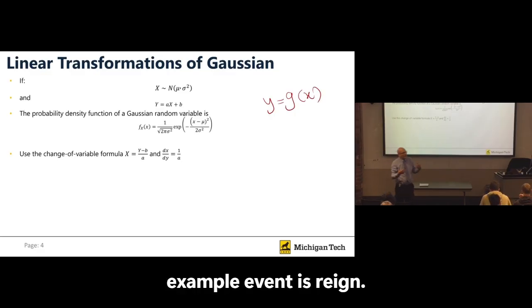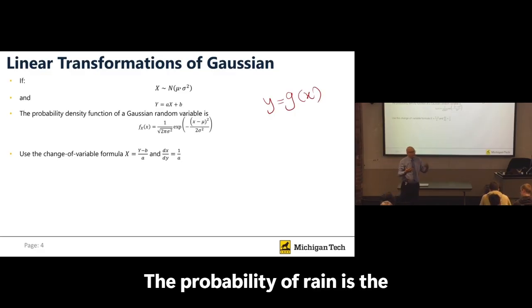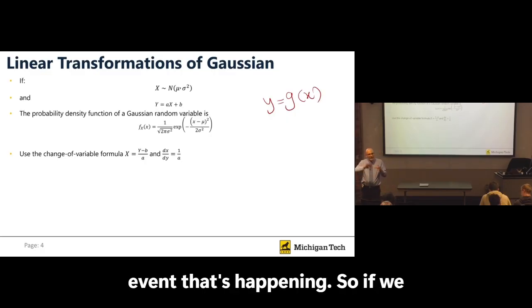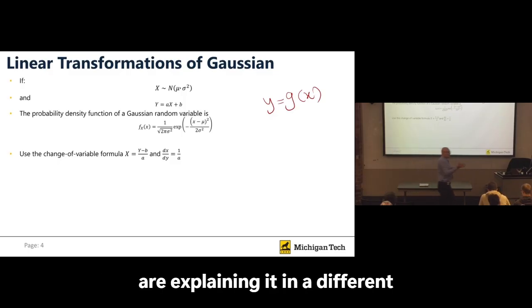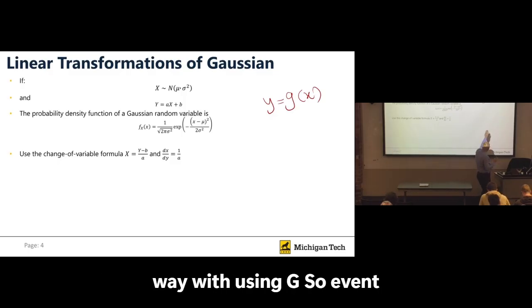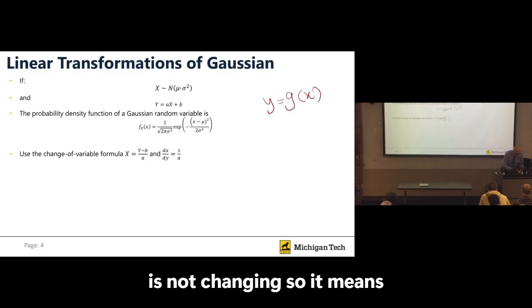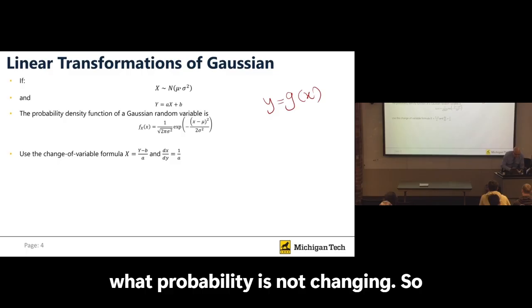For example, the event is rain. The probability of rain is the event that's happening. So if we transfer it mathematically, we are explaining it in a different way using g. So the event is not changing, so it means the probability is not changing.